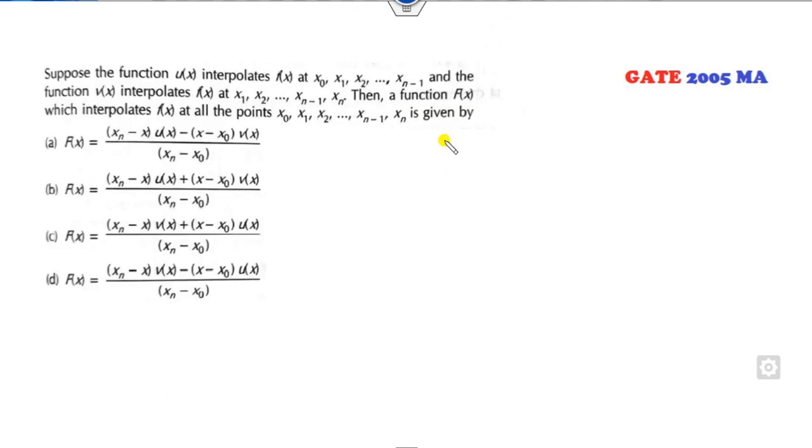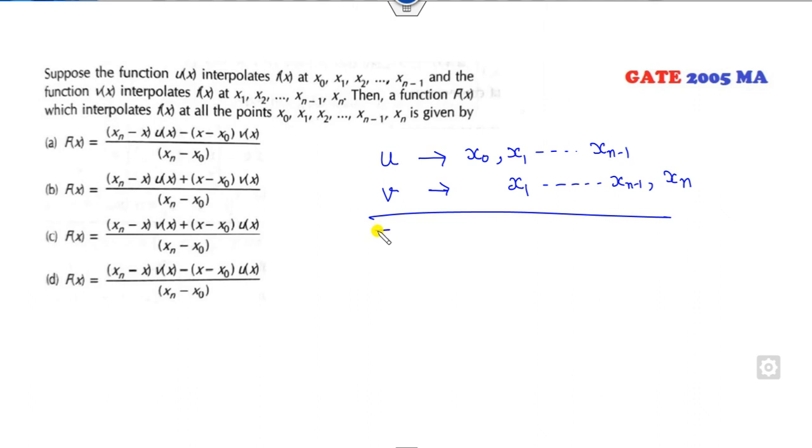Okay, look at this another one. What is given to you? U is a polynomial which interpolates at the points x0, x1 up to xn minus 1. V is the polynomial which interpolates from x1 up to xn minus 1 and xn. Then your target is to define a function small f which interpolates from x0 to xn.